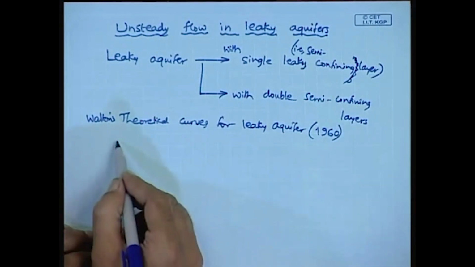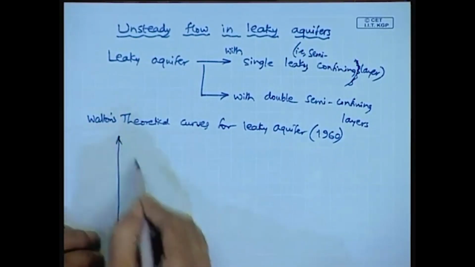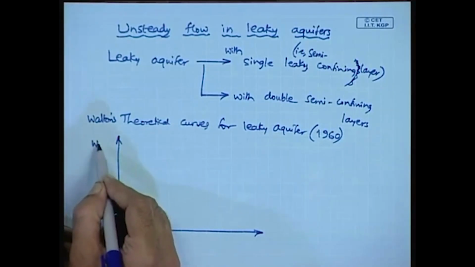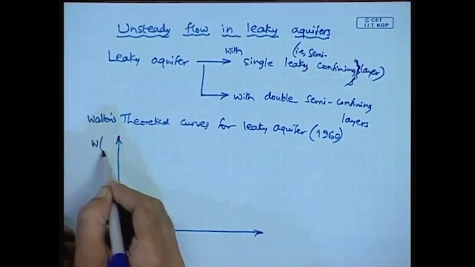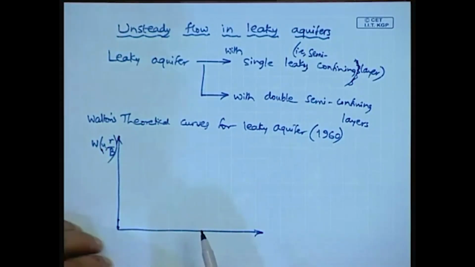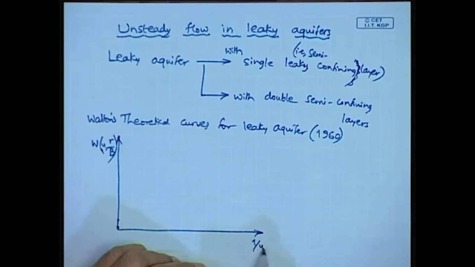Similar to the well function for the confined aquifer, here we have a well function for the leaky aquifer, denoted by W of u comma r by B. Here we have 1 by u on one axis and W of u comma r by B on the other axis.